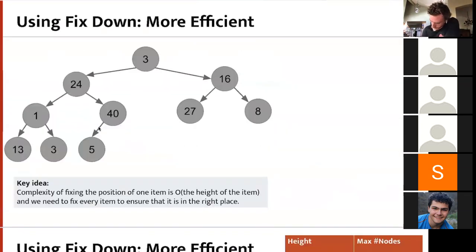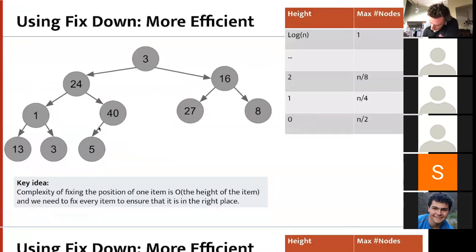Okay, so now we can call fix down, starting at the bottom and going to the top. So the complexity of fixing the position of a single item is the height of that item now because we're going down. And we need to fix everything to make sure it's in the right spot. So at height log of n, there's one node now, which is the key here.